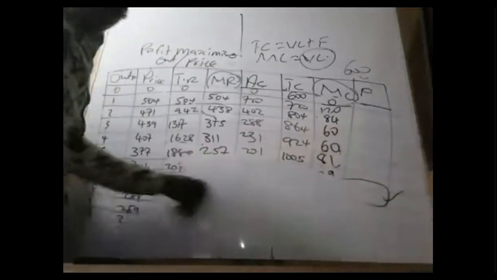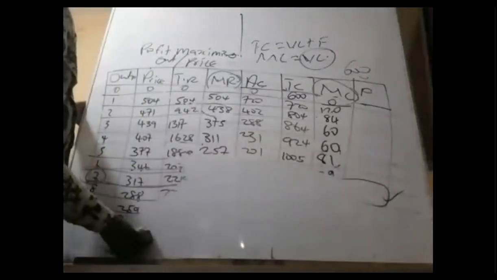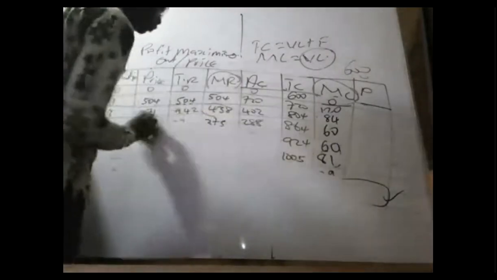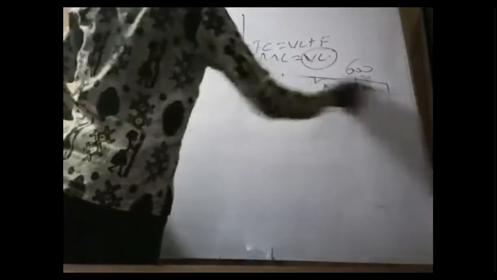Okay, so let's try and put a few things together for this particular question. So now draw the table. The most important thing is the profit. Get the profit. Why is it so difficult to find the marginal revenue and marginal cost? Don't worry yourself.